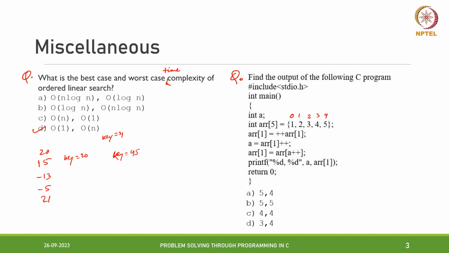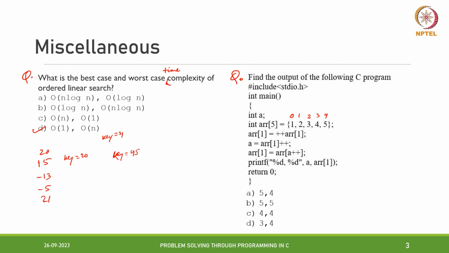Now the first statement says arr of 1 equals plus plus arr of 1, right? So this is the first statement. So what will happen here? Meanwhile you can solve the entire thing and answer. I'll be solving it step by step here.